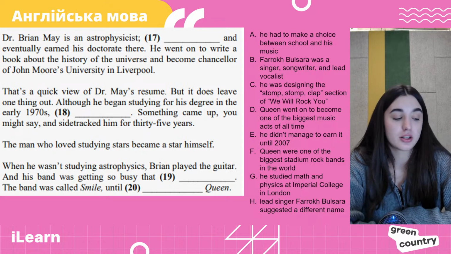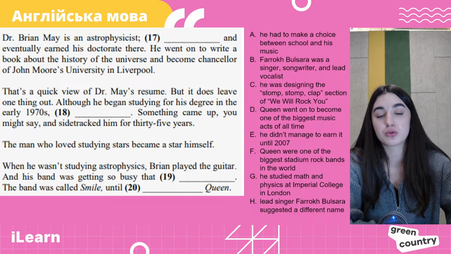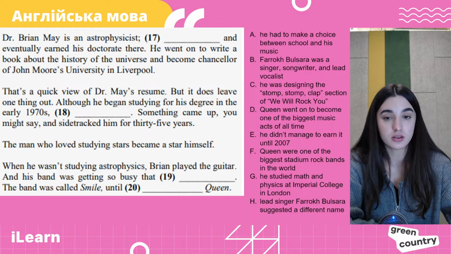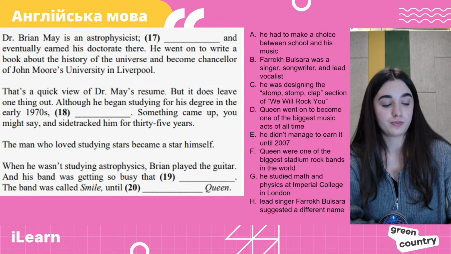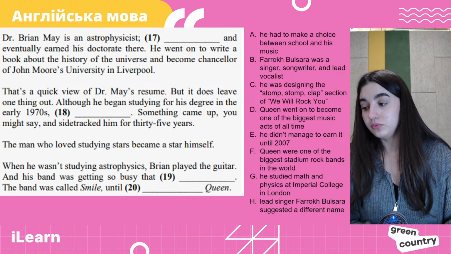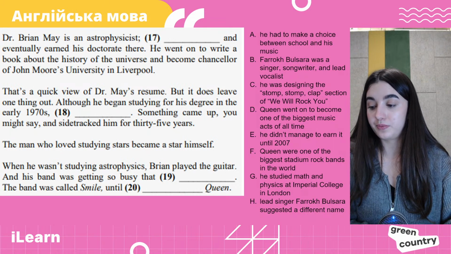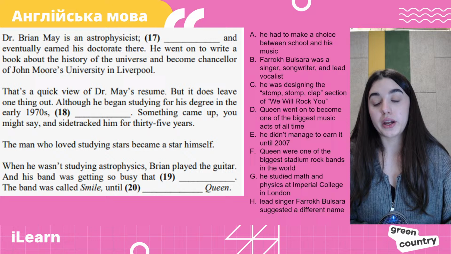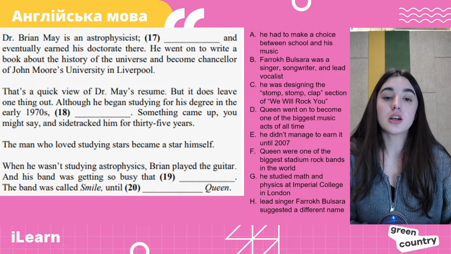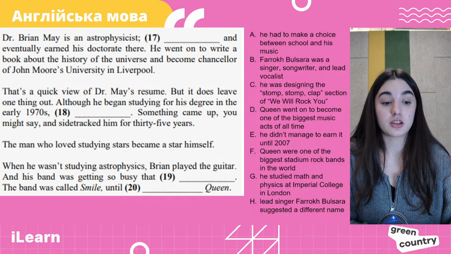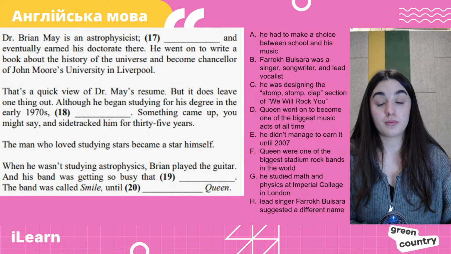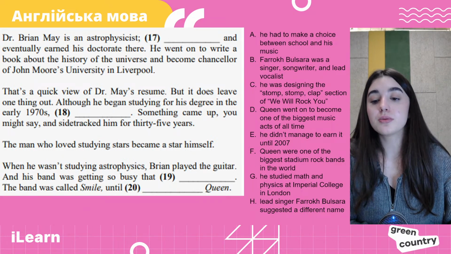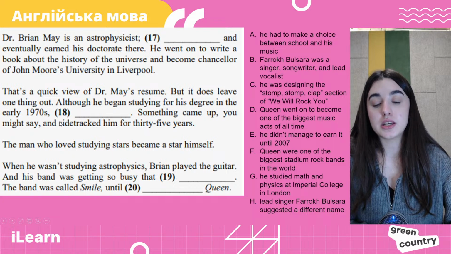Okay, we will check this task after you write all the answers, so please pay attention that I won't say the answers right now. Okay, let's fix that you chose G. So he studied math and physics at Imperial College in London and eventually earned his doctorate there. Okay, possible, why not? Okay, what about 18?